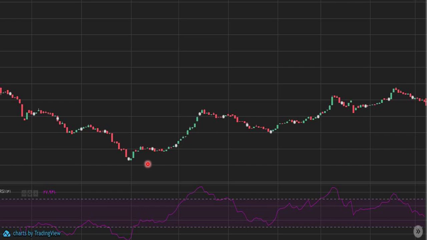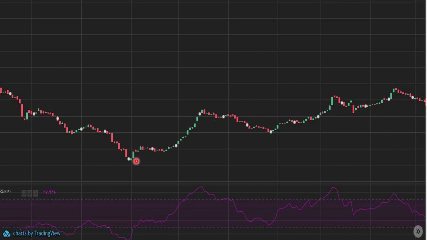Okay, here we have a good buying signal. Why is it a good buying signal? Because the price was in the oversold zone, and after that we get a buying signal at this point. This indicator gives us a buying signal, and also we have a solid bar here.